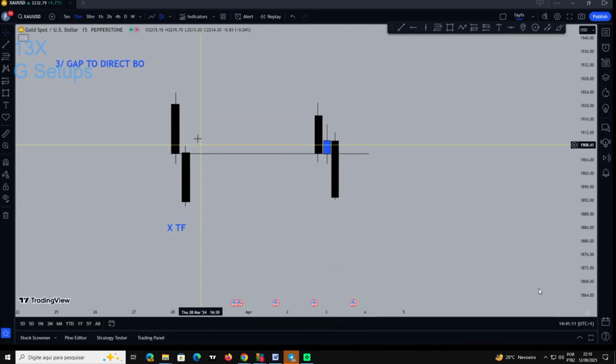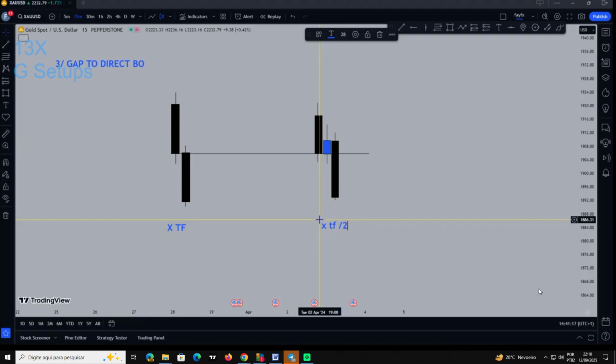And the bearish gap in X time frame. When we go one time frame lower, we find a direct breakout. This is very, very strong, especially when the trend is aggressive, when there are big moves.